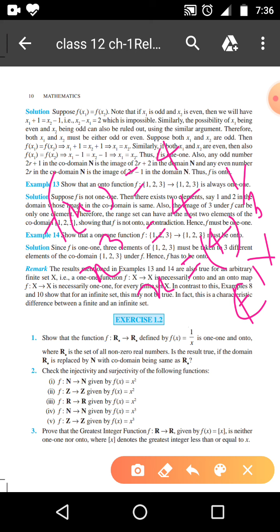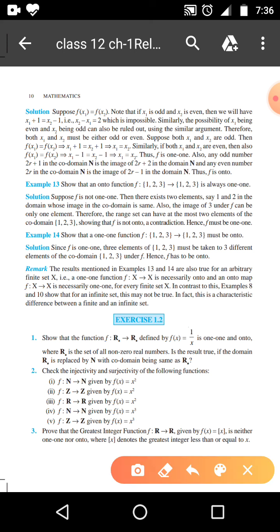Now question number 3. Prove that the greatest integer function f from R to R defined by f(x) equal to bracket x is neither one-one nor onto. Bracket x denotes the greatest integer less than or equal to x. So very simple. If you consider this particular function f(x) equal to bracket x, you can take x1 as 1.2, x2 as 1.3.